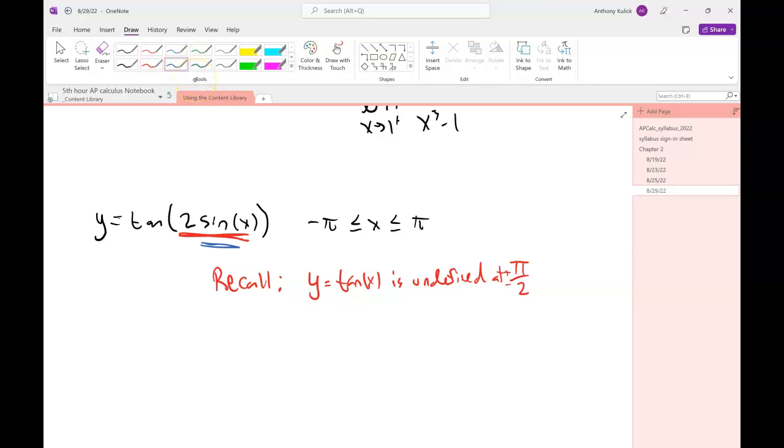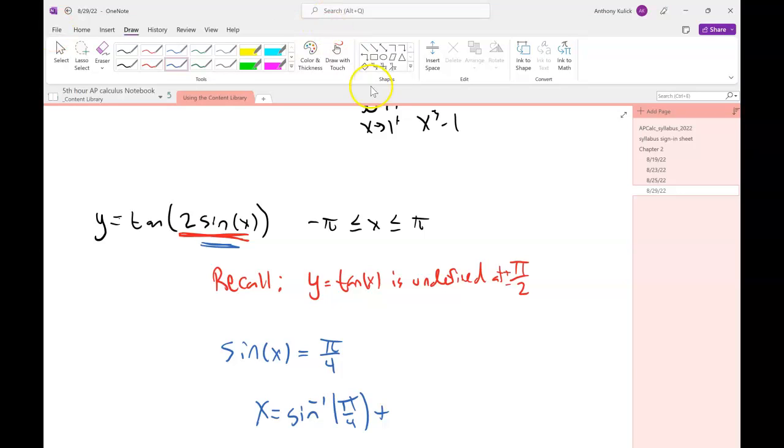So the sine part needs to equal pi over 4. So x should equal sine inverse of pi over 4. And that should be happening every pi, right? Is that right?